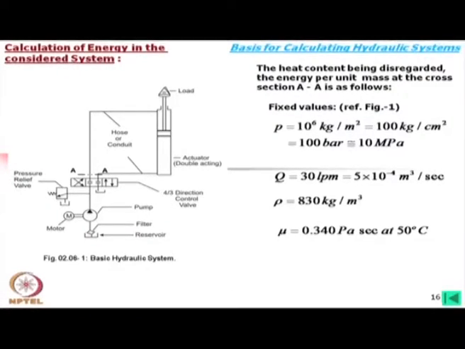Whereas, in India, when the ambient temperature itself becomes 50 degree centigrade at some places, 45 degree centigrade at least in summer, hot summer, then oil temperature may go up to 75 degree centigrade, but temperature more than that I would say is not allowable for the oil.